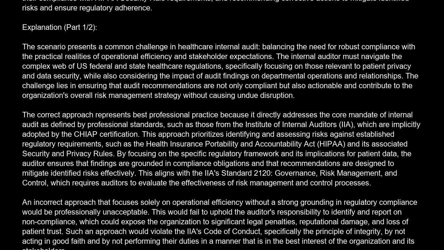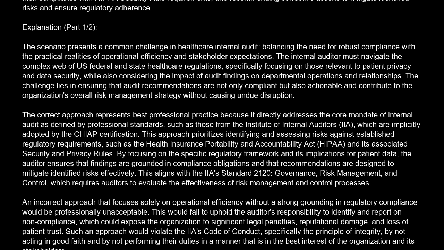By focusing on the specific regulatory framework and its implications for patient data, the auditor ensures that findings are grounded in compliance obligations and that recommendations are designed to mitigate identified risks effectively. This aligns with the IIA's Standard 2120, Governance, Risk Management, and Control, which requires auditors to evaluate the effectiveness of risk management and control processes.